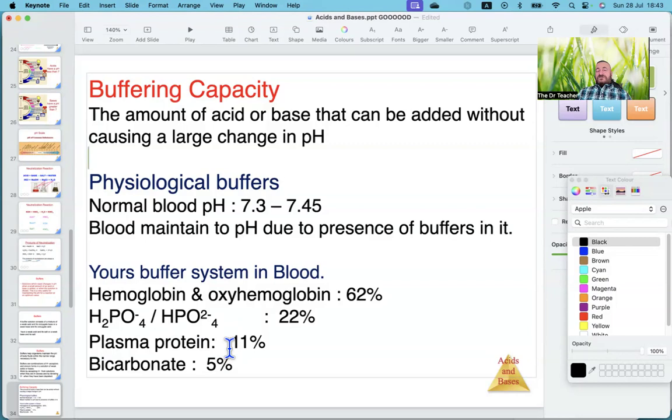Plasma protein is 11%. And bicarbonate 5%. As you see here, there are some acids and some bases. These are all buffers and can maintain the pH of the blood.